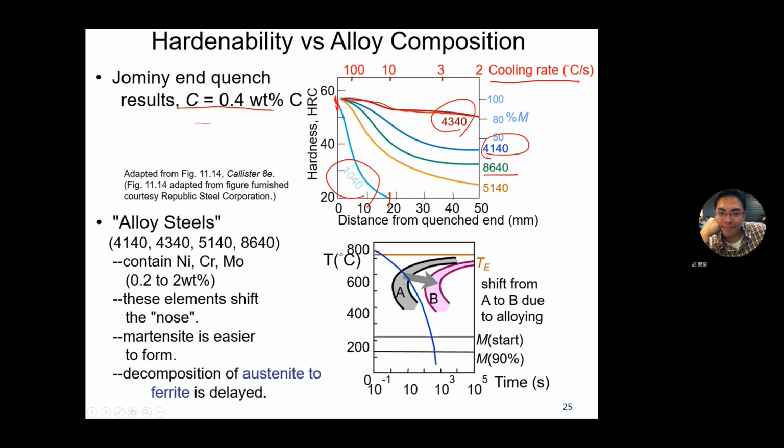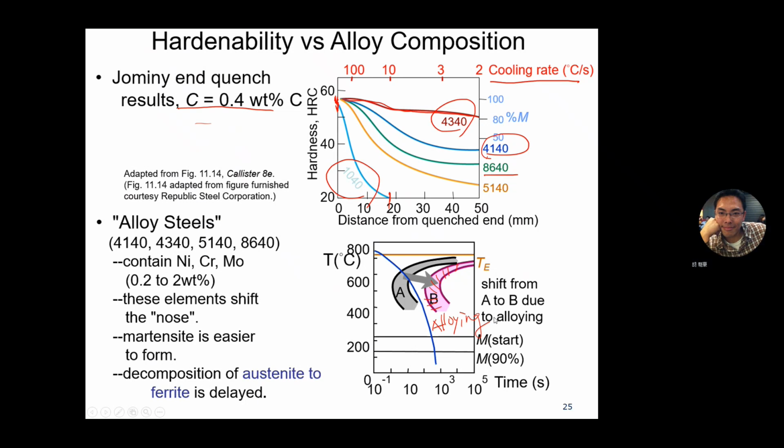Okay, and for the alloy steel, I already mentioned in the previous chapters that the TTT diagram curve is shifted from A to B. You can see this figure. Curve B is with alloying.